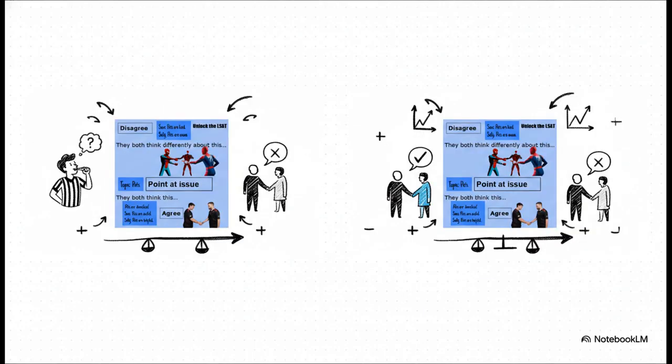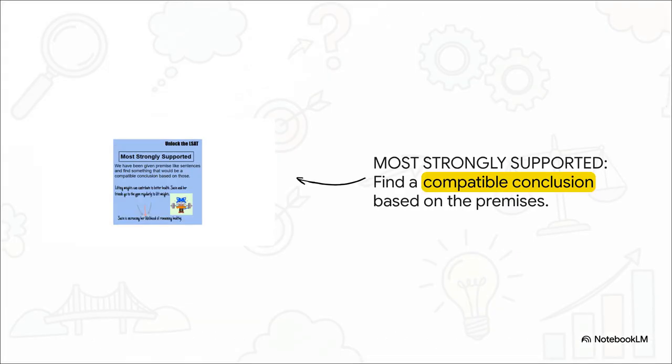For point-at-issue questions, you're basically a referee between two people talking. All you have to do is find the one specific statement where you can prove one person would say, yes, I agree with that, and the other person would say, no, I disagree with that. It's that clear, yes versus no. Then there's most strongly supported. You can think of this as a test of just pure deduction.